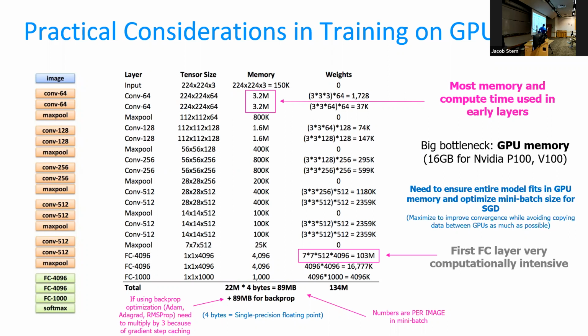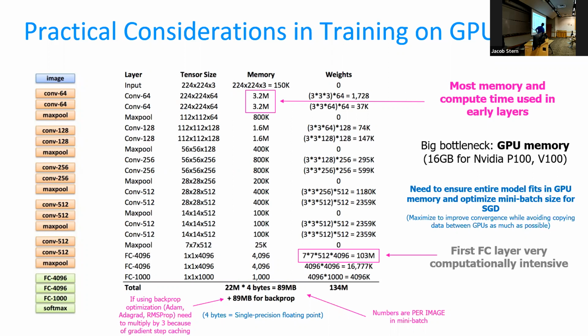So actually 64 in this case is the number of filters, and this is the number of filters that results in an output of size 64. Does that make sense? The input had size 3, and you'll see the last number in the tensor size of the previous layer becomes the last number in the kernel size of the next layer. So 3, 3, 64, 64, 64, 64, 128, 128, etc.